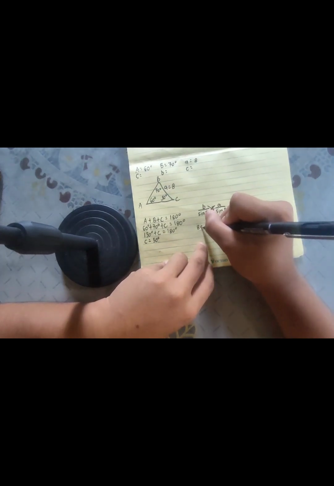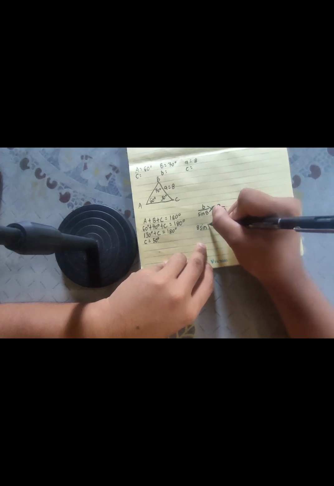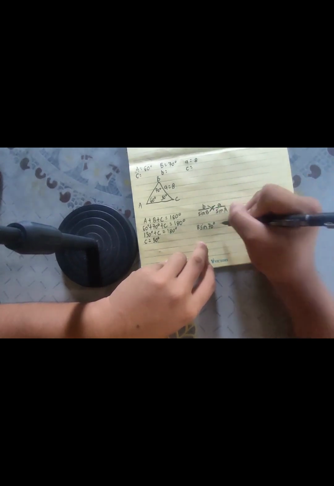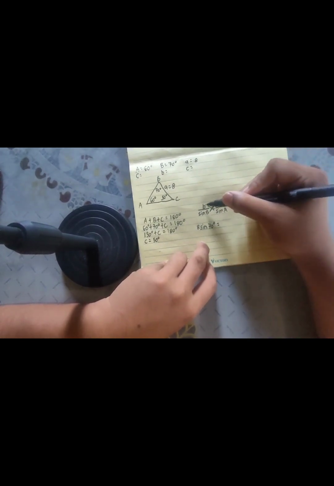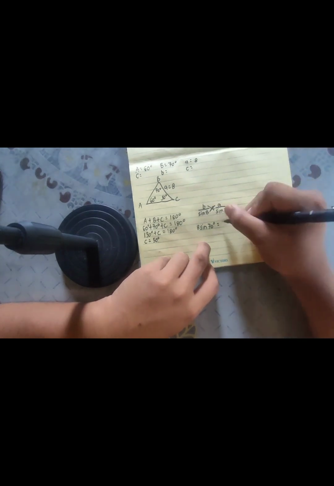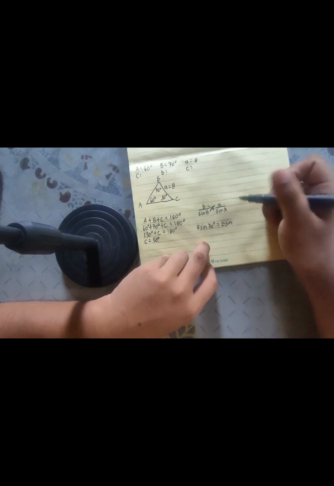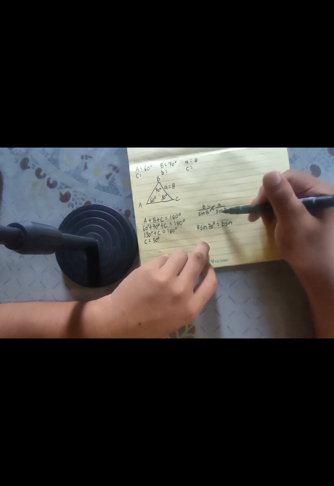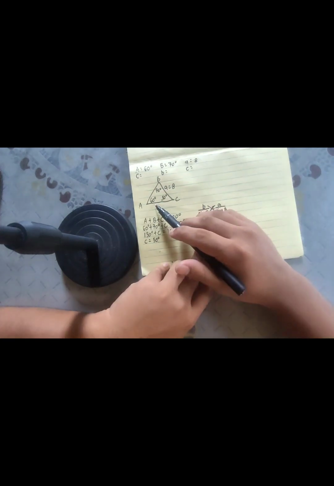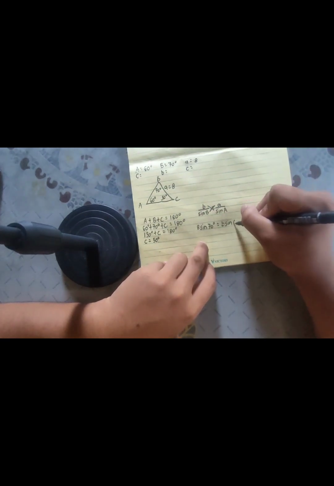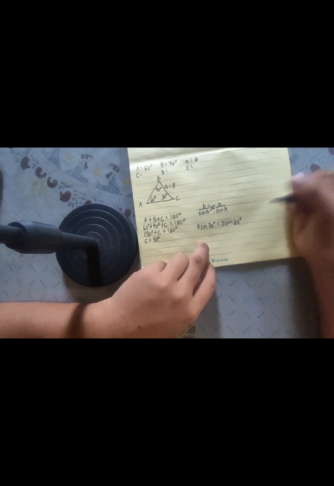So we have times sine 70 degrees is equal to. What is our B? B is our missing, that's what we're gonna find. So we put B times sine A. What is our sine A? 60 degrees. We're gonna put there sine 60 degrees.